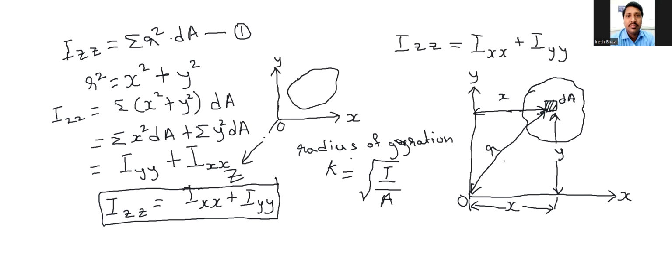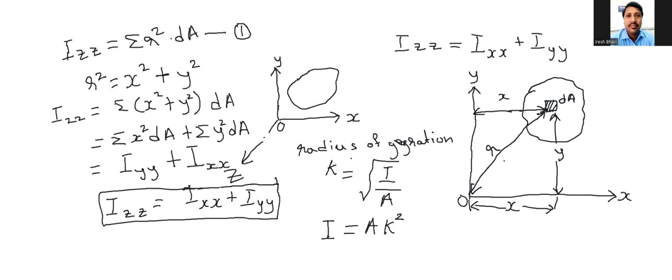Squaring on both sides and simplifying, we get I is equal to A into k square. That is, the moment of inertia is equal to the product of the area and the square of the radius of gyration.